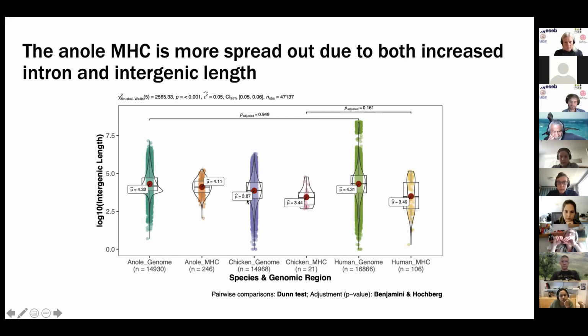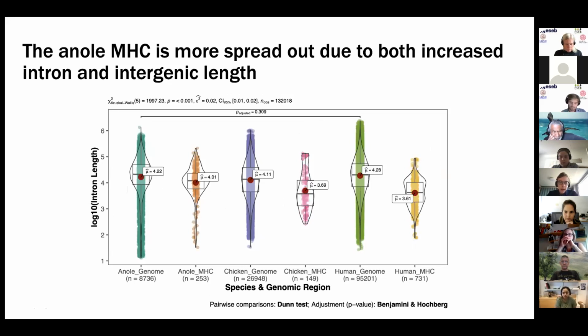If you look at the means, it's about a decrease of 0.4 on the log scale on these and 0.2 on these. We see a similar pattern in the intron lengths. This is basically the same figure, but with intron lengths: we have our anole, chicken, and human whole genome versus MHC.